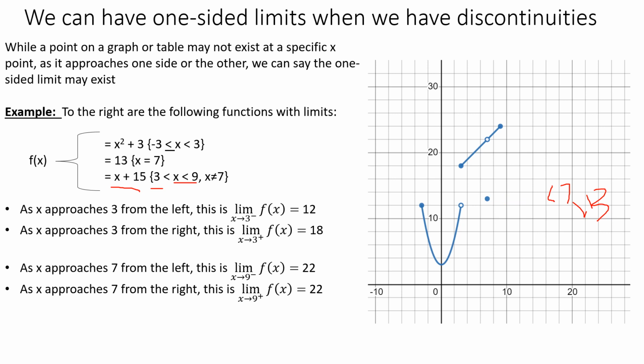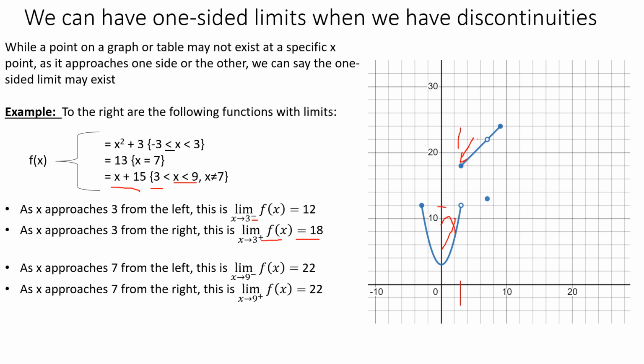So let's see how we could write these. As x approaches 3 from the left, right here, f of x equals 12. As x approaches 3 from the right, it equals 18.